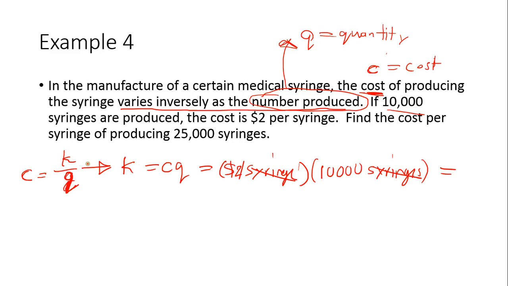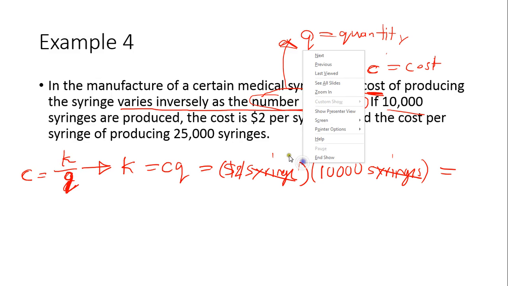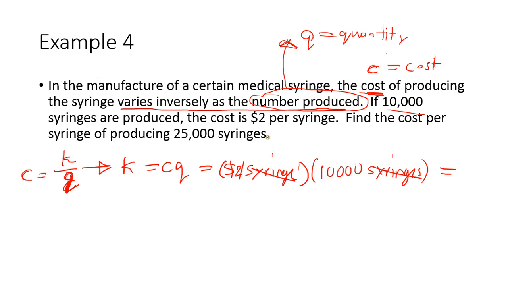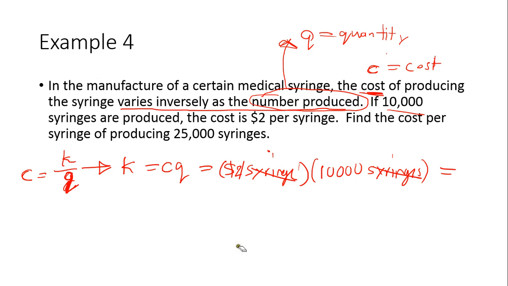Wait a minute. K equals CQ. Sorry. I'll just drop these units. That might be confusing. Not even going to worry about the units. So erase all these units. Just put the numbers. Okay.